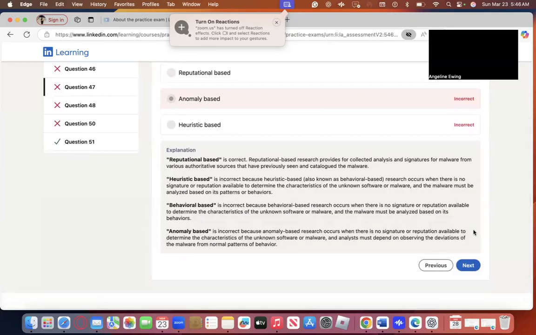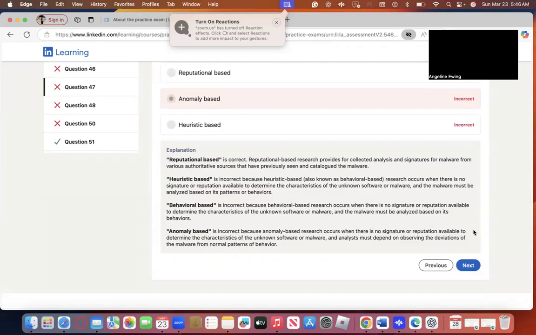Behavioral based is also incorrect because behavioral based research occurs when there is no signature or reputation available to determine the characteristics of the unknown software or malware, and the malware must be analyzed based on its behavior.